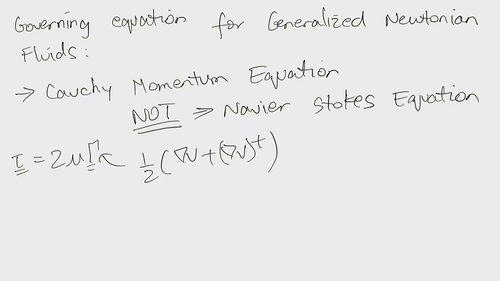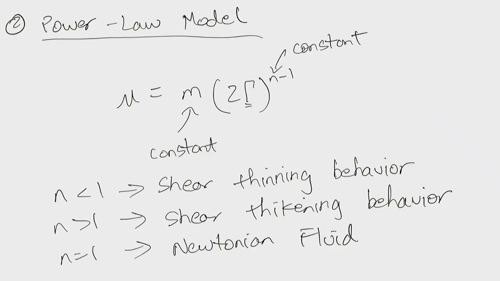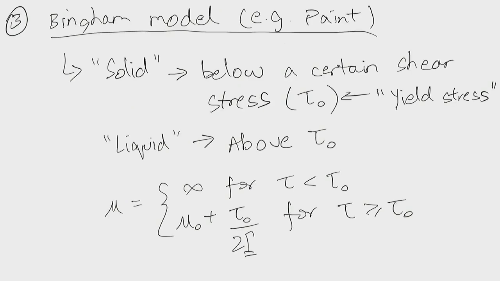Yes. In the Carreau model, what is the physical representation of n? What does n mean? N is just a constant. It's an empirically determined constant. Yeah, so for the power law model, the n is like the behavior of the shear thickening or shear thinning. For the last one, the Bingham model, it represents the yield stress, the tau zero.